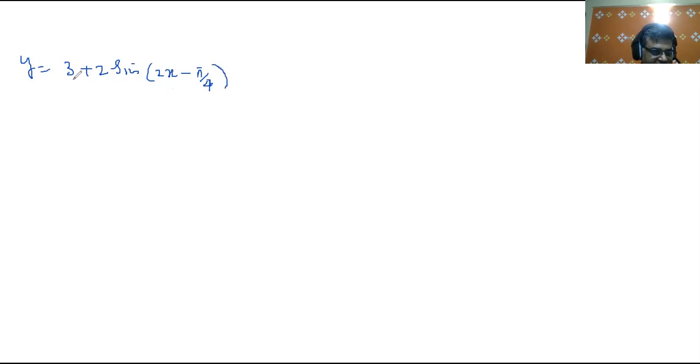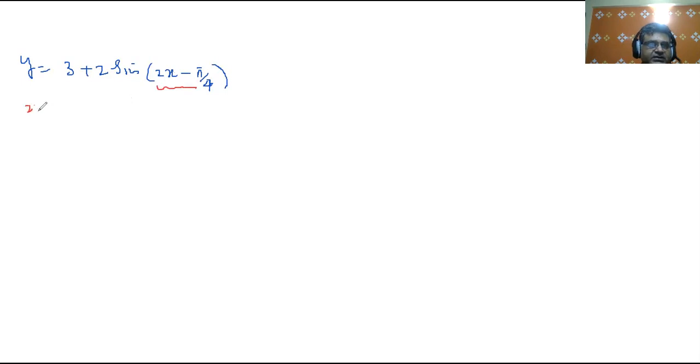So we are having 3. Here 3 units have been lifted up. It is twice the multiple of the graph. Now the period is pi, and this has moved by pi by 4. So all these things will be together in one graph. Then how to plot this graph? So first of all, we'll see this.